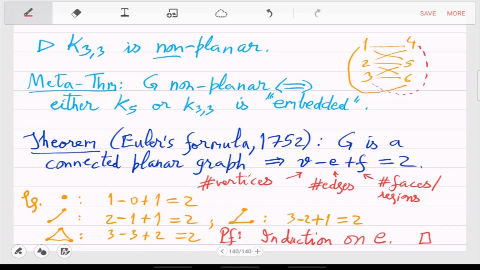In that case, what will happen? E grows by 1, but F also grows by 1. So then also it is 2. Okay, so you just have to analyze V minus E or F minus E. It's an invariant. So this is an amazing result, and for all higher dimensional objects you can prove similar things.